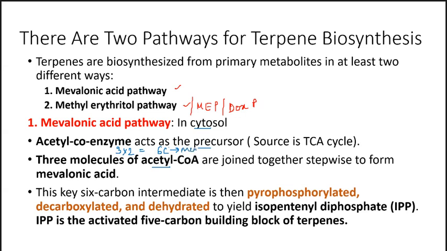Mevalonic acid. This mevalonic acid will undergo pyrophosphorylation, decarboxylation and dehydration to yield IPP. Now IPP is the building block of all terpenes. Please remember this.